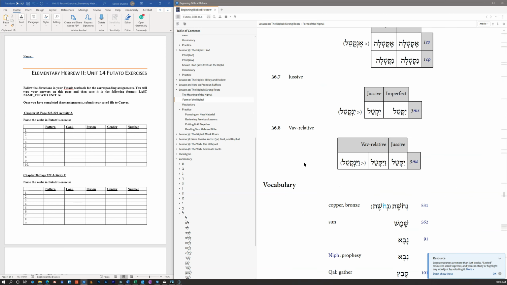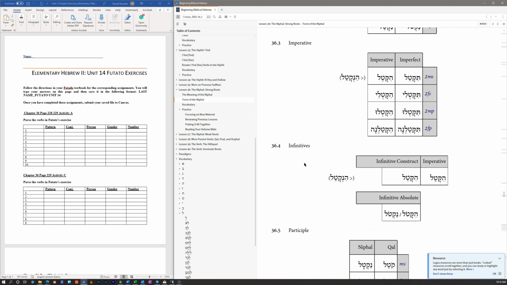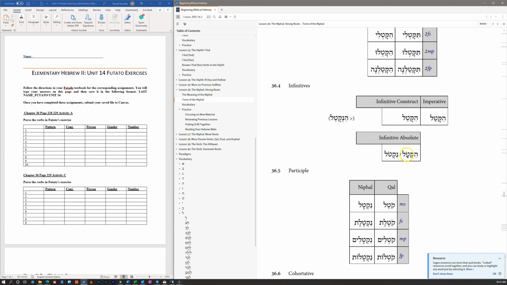Let's double check. Infinitive absolute. Nope, it will look, oh, okay. I've got them backwards. I do this with this block, the infinitive construct, the imperative, and the infinitive absolute. I get these mixed up. Usually the imperative and the infinitive absolute are the identical form.